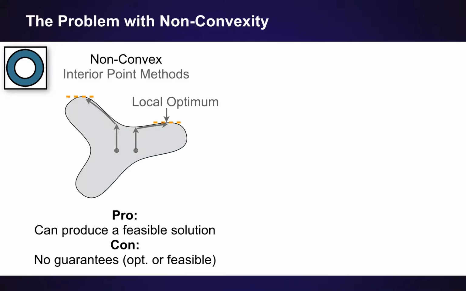So the pros of interior point methods on these non-convex problems is that they produce a feasible solution. So if they converge and they say, we found a solution, it's feasible for all the problem constraints in your problem. The big disadvantage is that you have no algorithmic guarantees, both for the quality of the solution, like optimality, but also for feasibility of the solution. It may converge to an infeasible point even when one exists, and you just don't know if one exists or not.